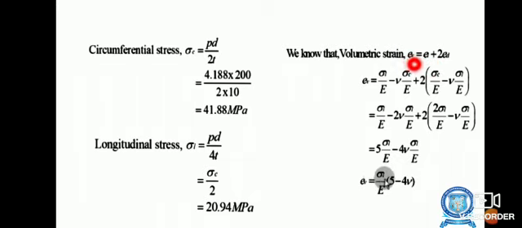The volumetric strain is equal to lateral strain plus 2 into longitudinal strain plus 2 into lateral strain. Okay.